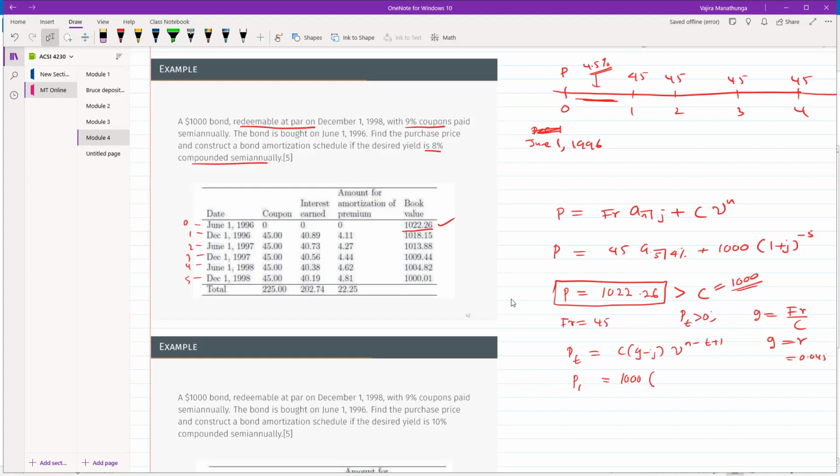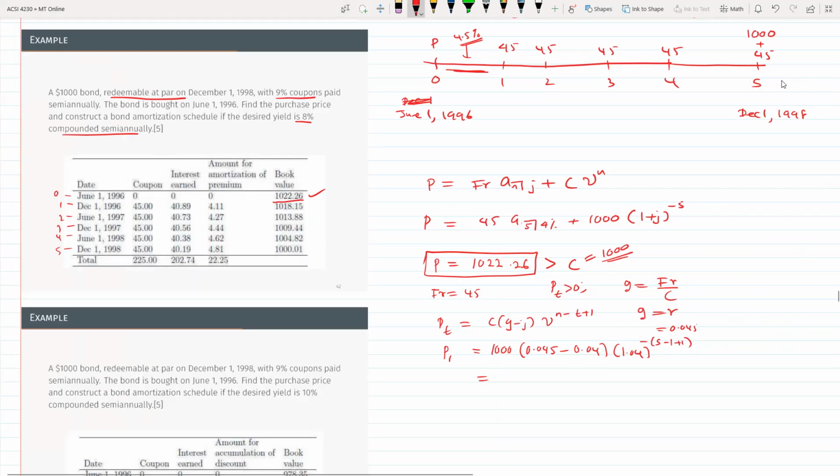C is 1000, G is 0.045, J is 4%, v is 1.04 to the negative, n is 5, t is 1 because we are calculating for the first one, plus 1. So when I do this calculation, let's use your calculator and see what would be the P_1.